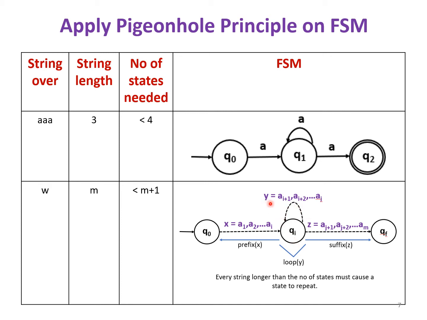Then y is equal to ai plus 1, ai plus 2, and so on up to aj, the part of the string which will be pumped back into Q1. Then the string z, aj plus 1 to am, is a suffix string which will reach the final state qf. So every string longer than the number of states must cause a state to repeat. This is how the pigeonhole principle is applied on the finite state machine.